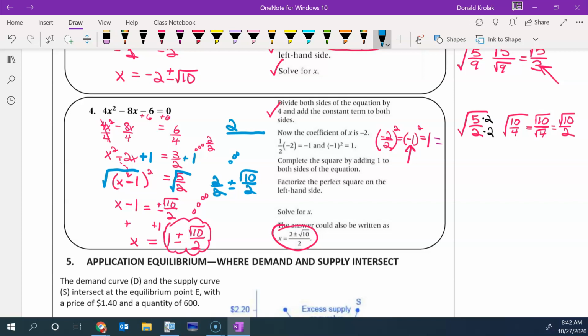You get 2 plus or minus root 10 over 2. Just adding the numerators because the denominators are the same. Both of these are the same answer. Doesn't matter the way you write it.